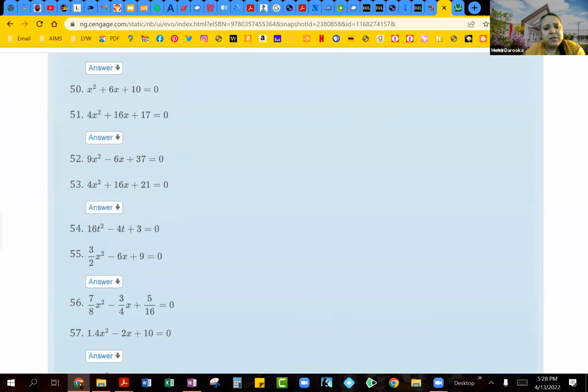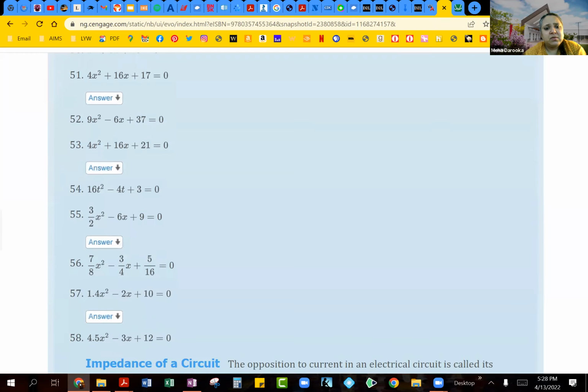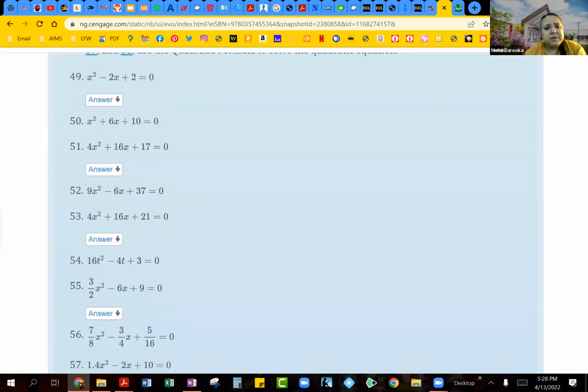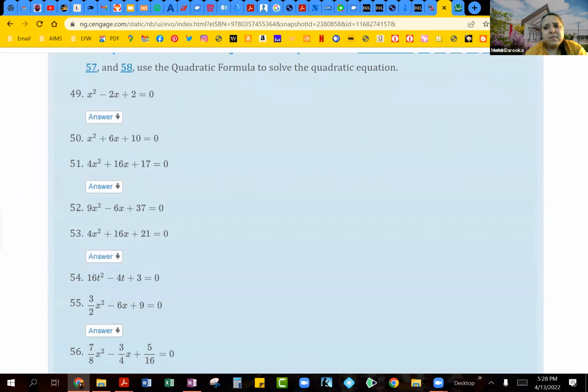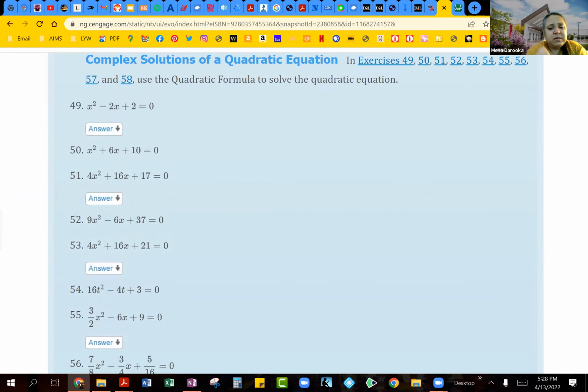And let's pick something with the negative number on. Let's do, I guess, 52. Okay, so a would be 9. B would be negative 6. And c would be 37.